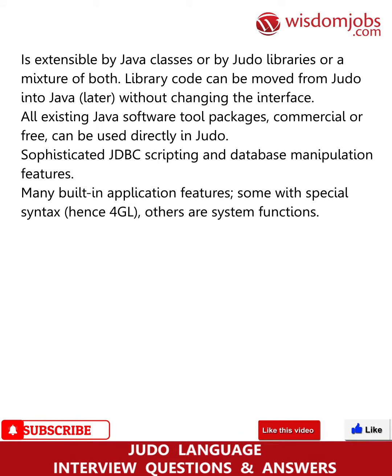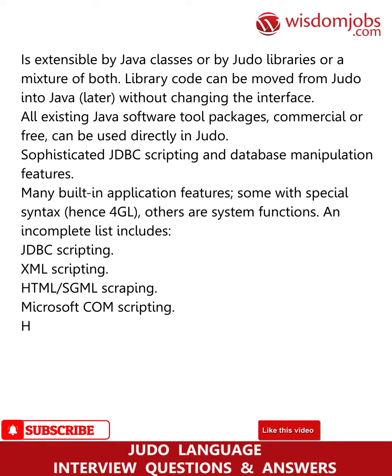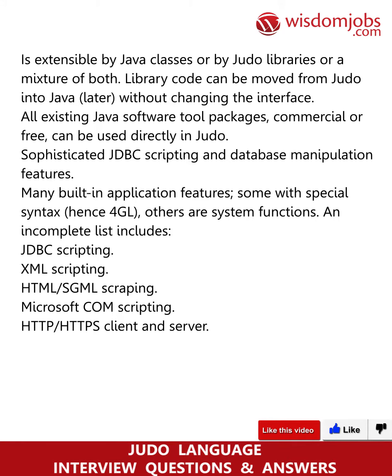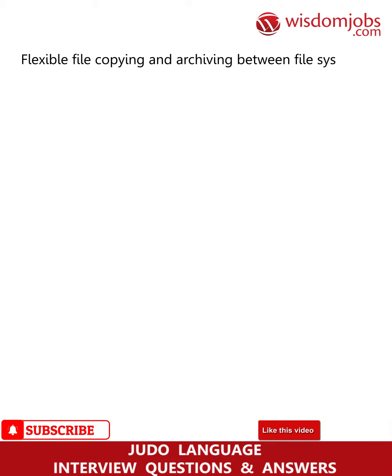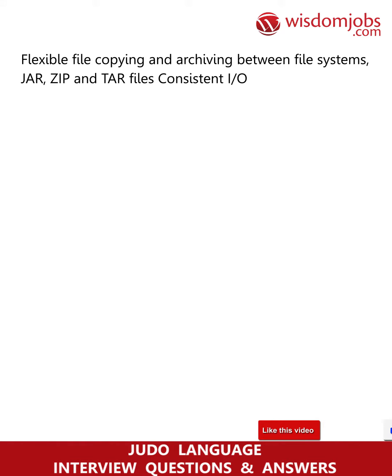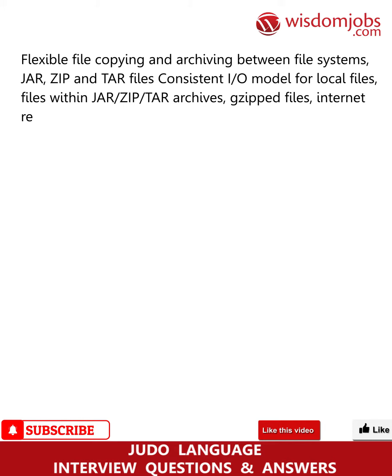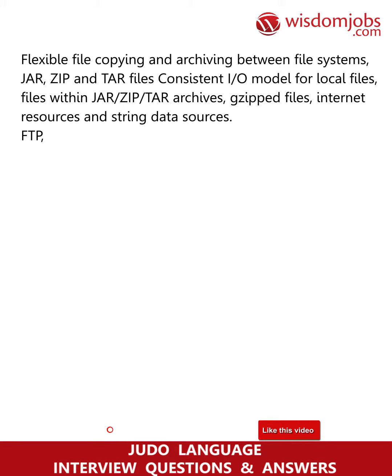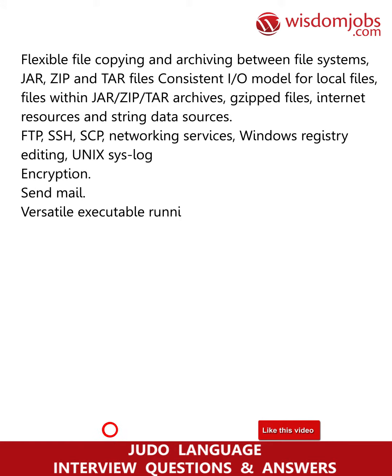Others are system functions. An incomplete list includes JDBC scripting, XML scripting, HTML/SGML scraping, Microsoft COM scripting, HTTP/HTTPS client and server, schedule jobs with HTTP monitors, flexible file copying and archiving between file systems, jar, zip and tar files, consistent I/O model for local files, files within jar/zip/tar archives, zipped files, internet resources and string data sources, FTP, SSH, SCP, networking services, Windows registry editing, Unix syslog, encryption, sendmail, versatile executable running, Java GUI creation, text and data processing features.